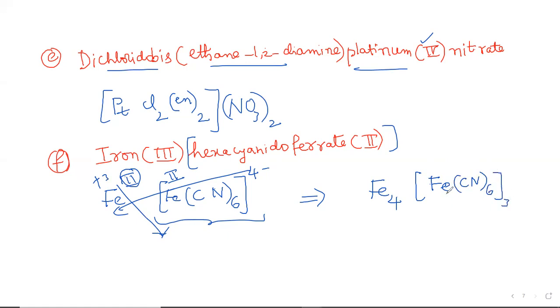So 3 coordination entities and 4 iron counterions outside should be present for this given complex ion name. So this is the formula of the complex compound which is given to us. Okay.